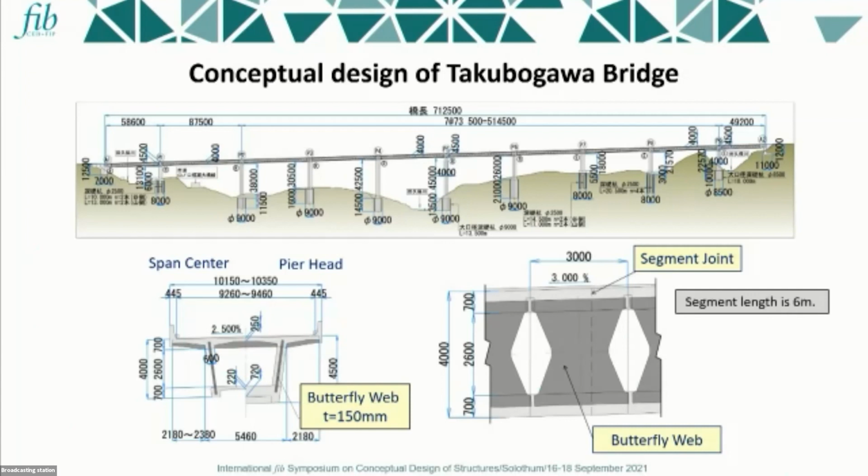In detail design, we offered the highway company the butterfly web, and we submitted many, many documents from 10 years of R&D. So finally, they were convinced to use these new technologies because it is very advantageous: the structure is 15% lighter than the conventional box girder.